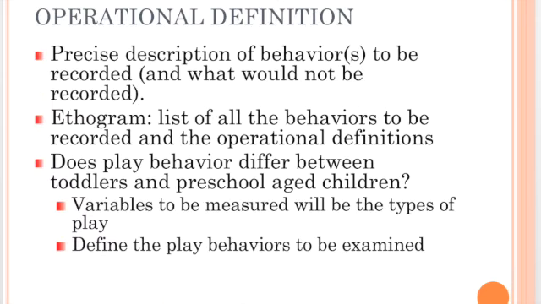You can also look at how we're going to define behaviors. So this will lead into the description of the assignment you're going to work on today. Operational definitions for behaviors are the precise descriptions of the behaviors that are going to be recorded, and often they include things that we're not going to record, things that we want to leave out. I was talking about the example in class the other day of the face touching study we used to do.